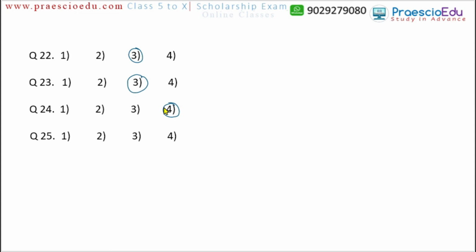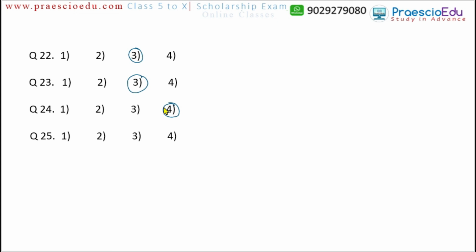Okay, so after the entry, it turns clockwise in the next figure. So in the first figure the cross is at the left side top, in the second figure it comes to the right side top, and in the third figure the cross comes to the right side bottom. So in our question mark it should come to the bottom side of the left, means like option number 1, 2 and 4. This is about the cross.